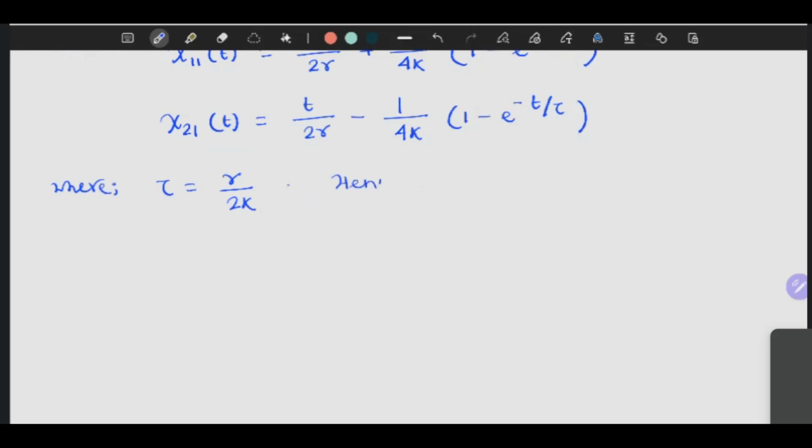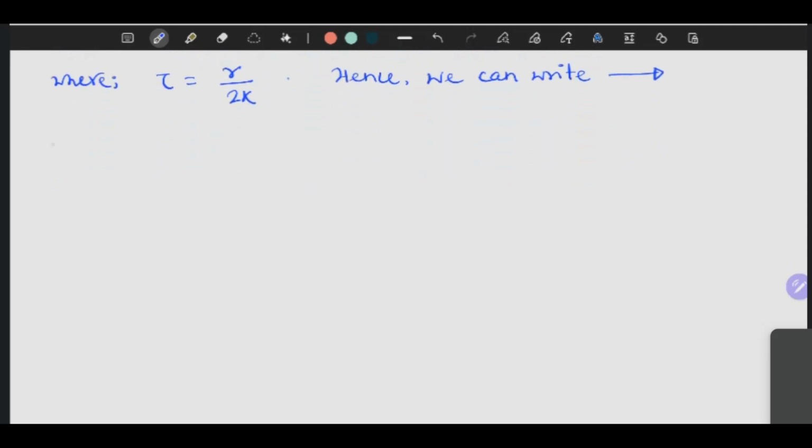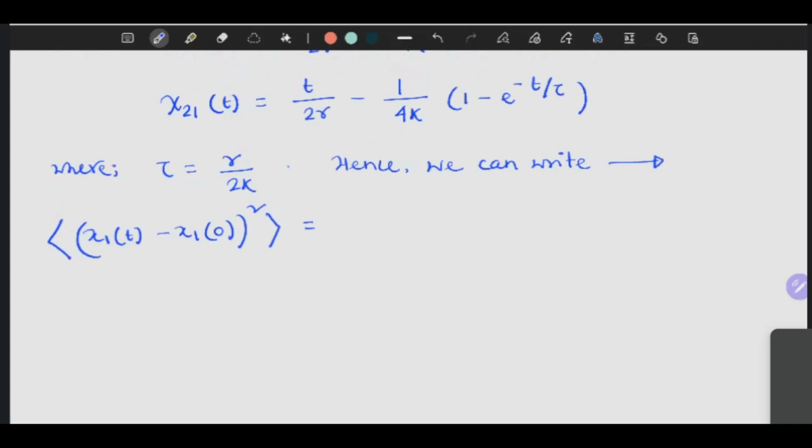Hence, we can write, after a little bit of algebra, <(x1(t) minus x1(0))^2> is equal to 2 kBT.